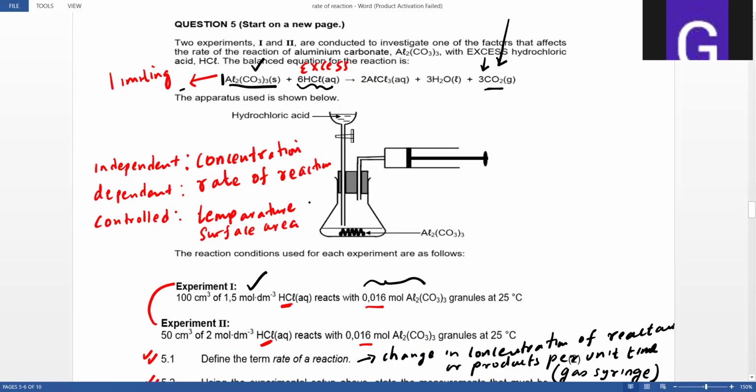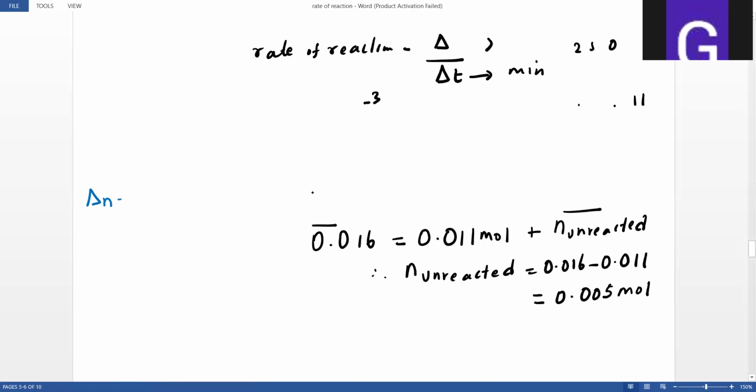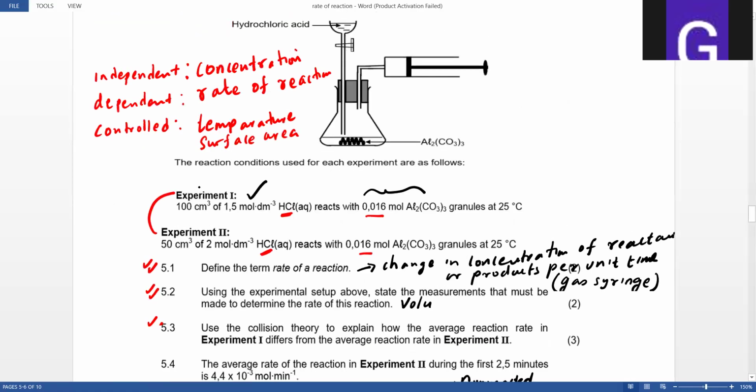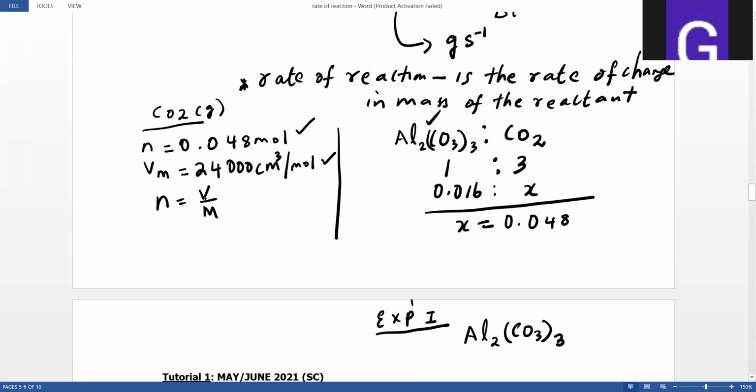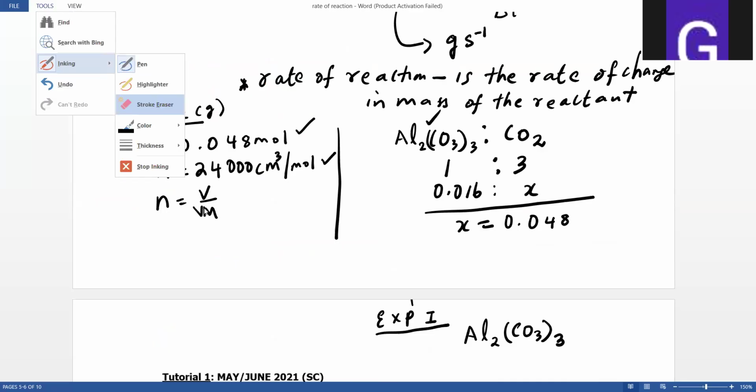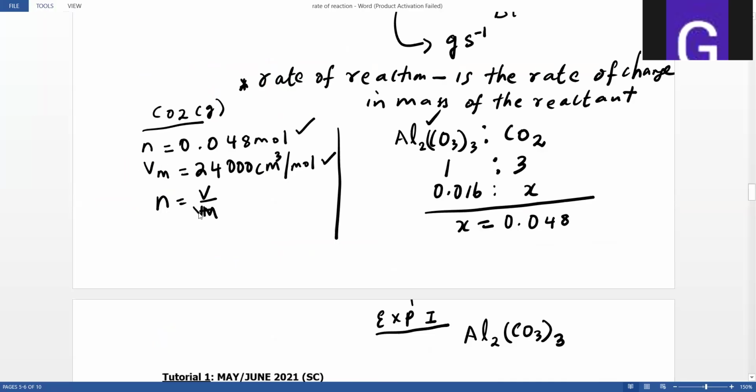Right, to do that, we'll use the number of mole is volume over the molar gas volume. So number of mole, n equals V over the molar gas volume, Vm.